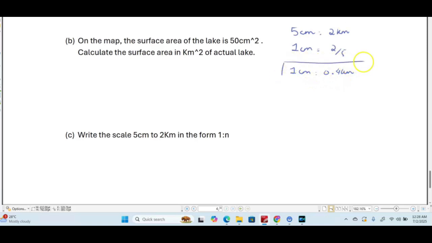Once we've established our relationship, and since the figures in the question are in centimeter square and kilometer square, we've got to multiply both sides with the square. So this will give us 1 centimeter square to be equal to 0.16 kilometer squares.